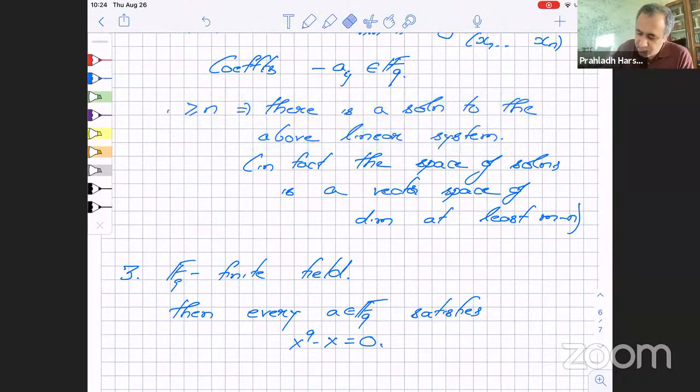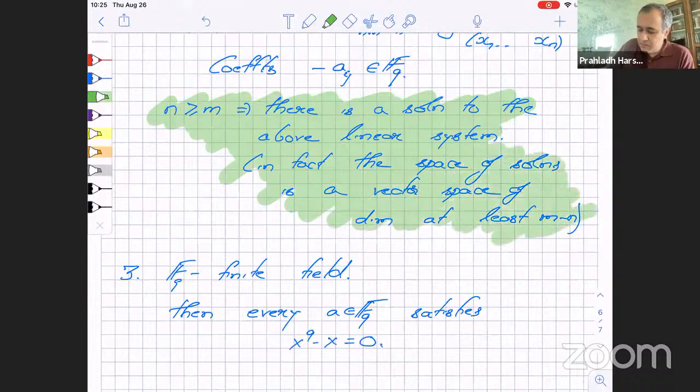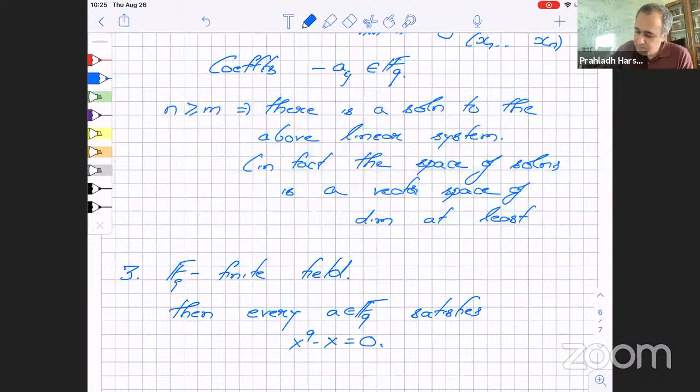It's the other way around. The number of variables should be more than the number of constraints. It should be an under-constrained system.